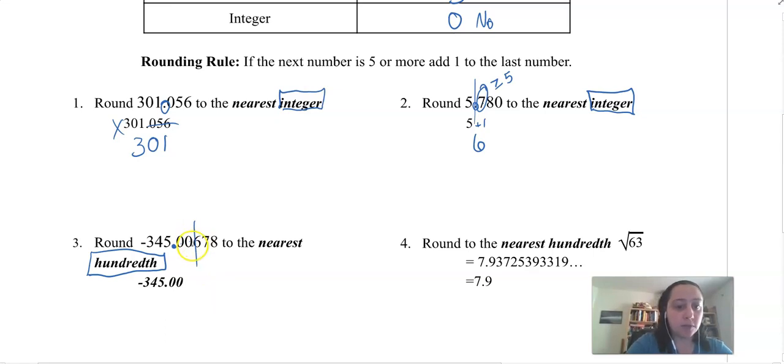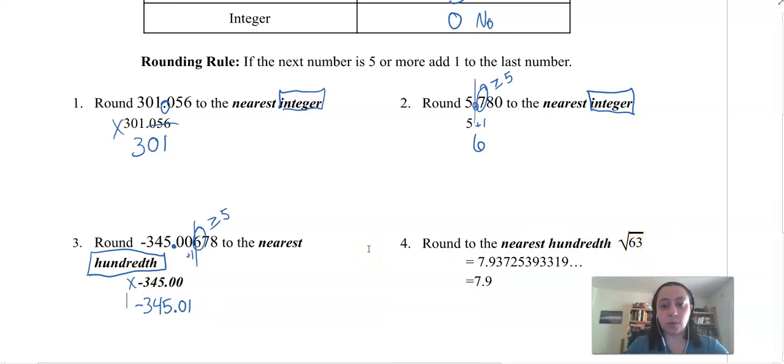So after 0, the next number is 6. 6 is greater than or equal to 5. So what do we need to do? We need to add 1. So we're going to do plus 1 over here. 0 plus 1, 1. So negative 345.01.